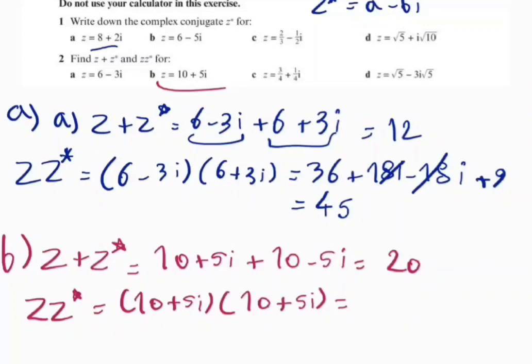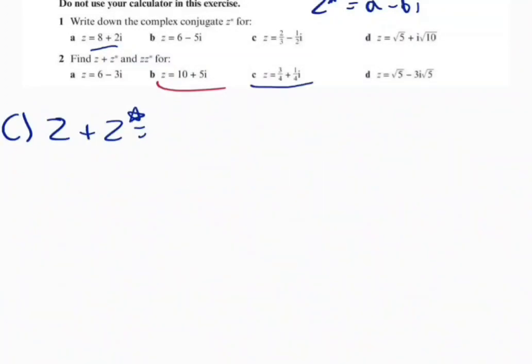The second complex number is 10 minus 5i, and so it's 100 minus 50i plus 50i, and finally minus 25i squared, which again gives us just plus 25, and we get 125.